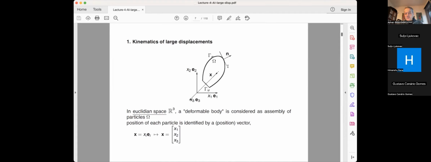And the remaining part is gamma sigma, where you apply the traction. Even applying 0 traction is still called applied traction. And the orientation of this boundary is given by the unit exterior normal vector that we denoted here as n.